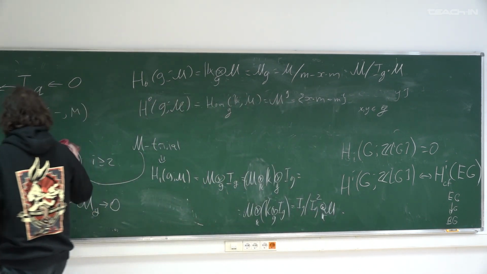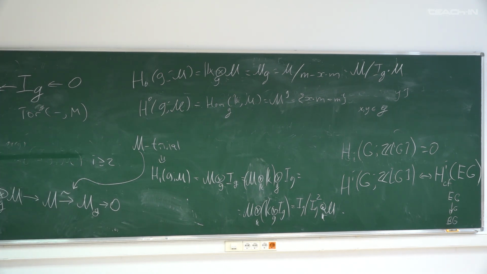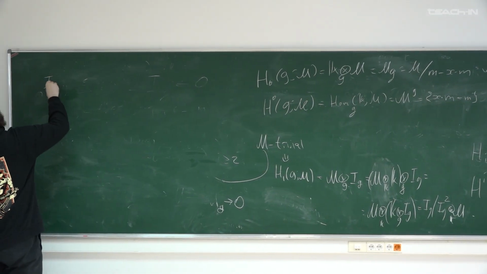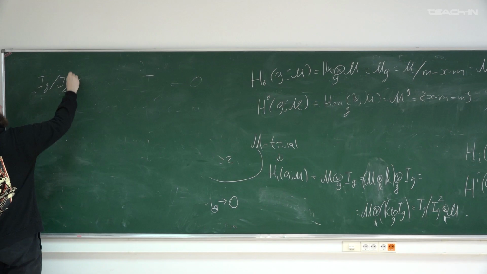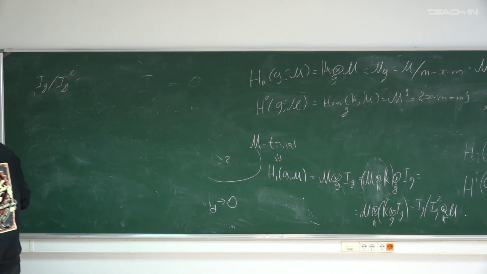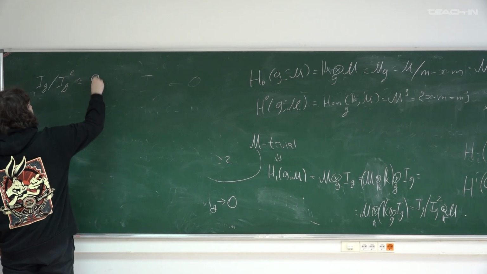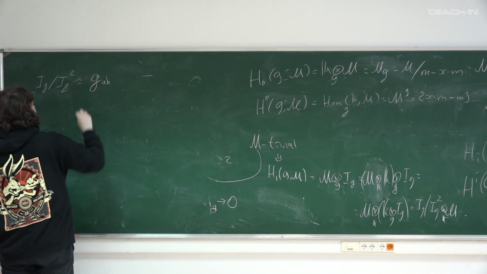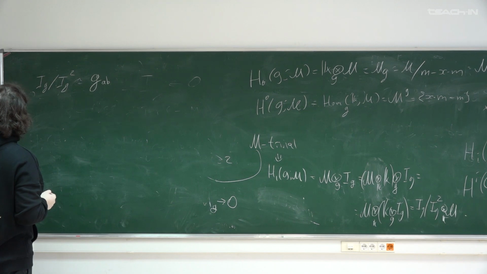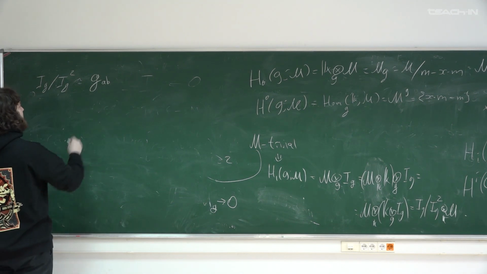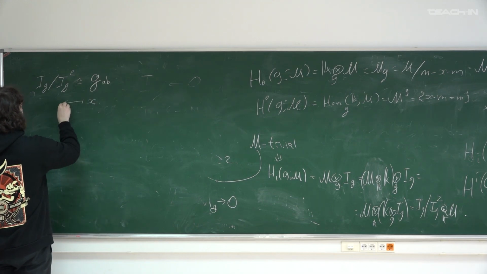As for groups, one can easily check that this quotient, the augmentation ideal modulo the augmentation ideal squared, is isomorphic to the abelianization of the algebra. In one direction, the map just sends x to x.